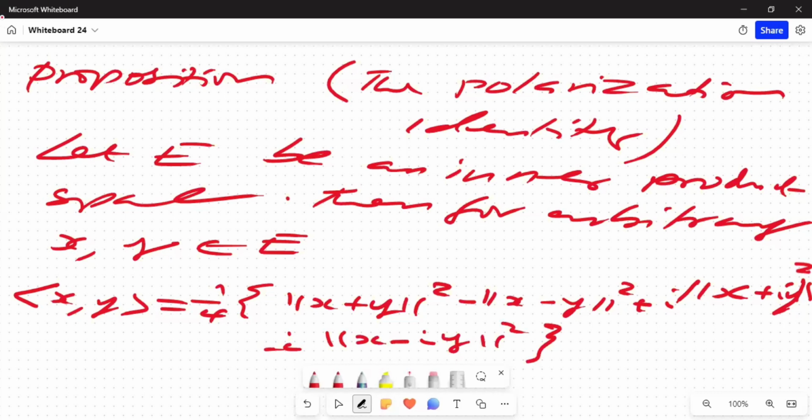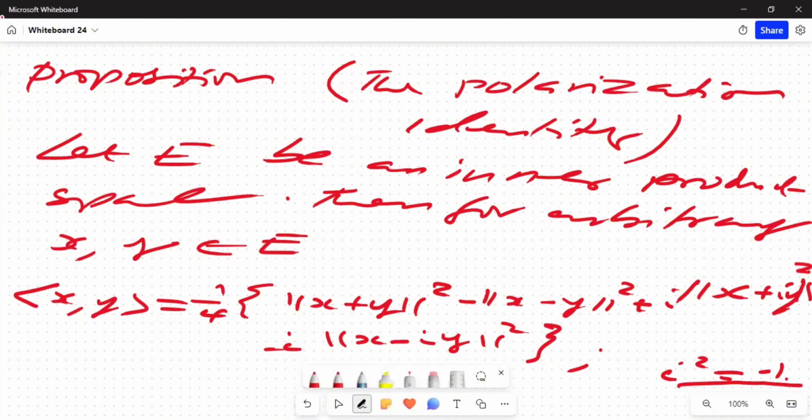So you have the norm of x plus y squared minus the norm of x minus y squared, plus i times the norm of x plus iy all squared, minus i times the norm of x minus iy all squared. Of course, i is, as we know it in complex numbers, such that i squared is -1. So it is the i we know in complex numbers. See the definition of i: i squared is -1. So you have to prove this.